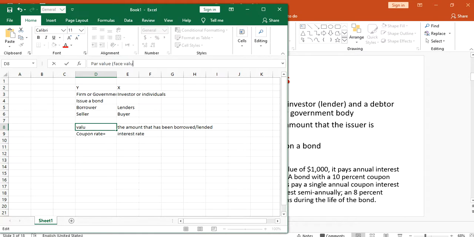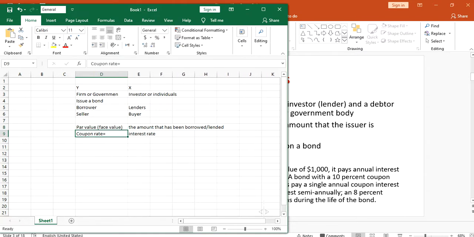Both are the same. Now, the coupon rate is obvious. So it's the interest rate: 3%, 2%, 1%. Sorry for the inconvenient sound, it comes from outside.